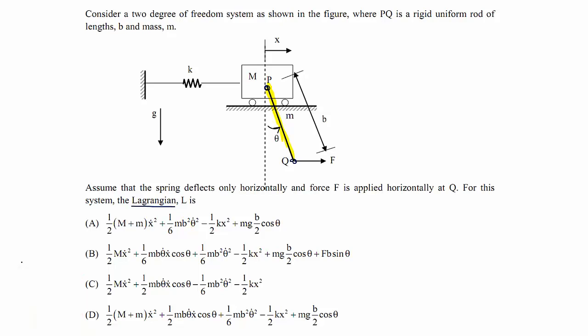Here, first of all, the Lagrangian is given by the difference of the kinetic energy and potential energy of the system.